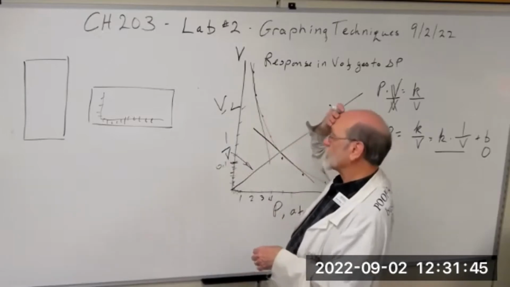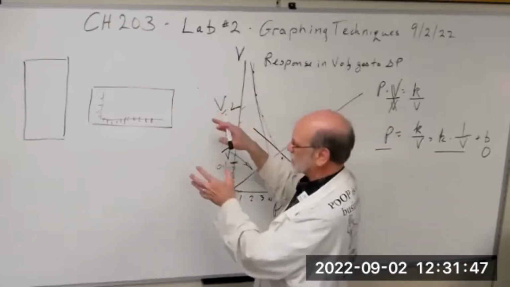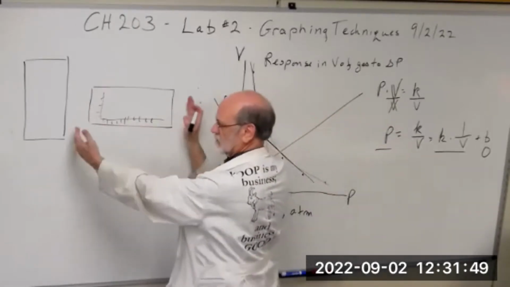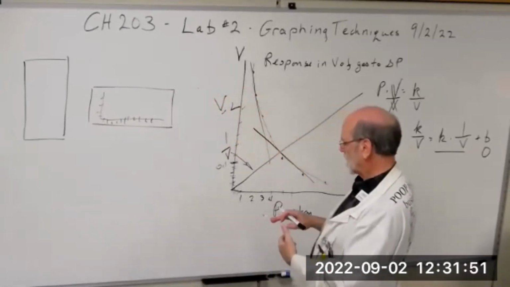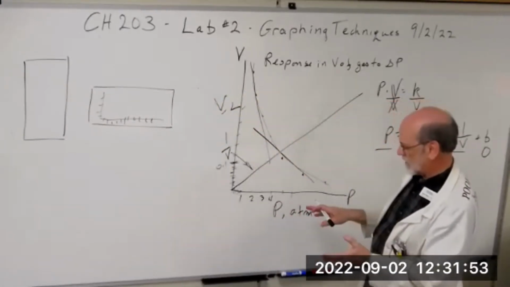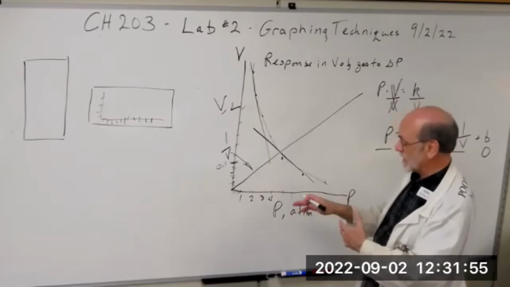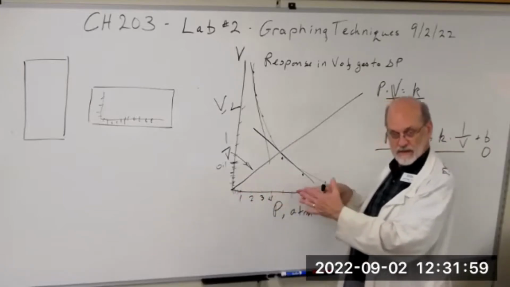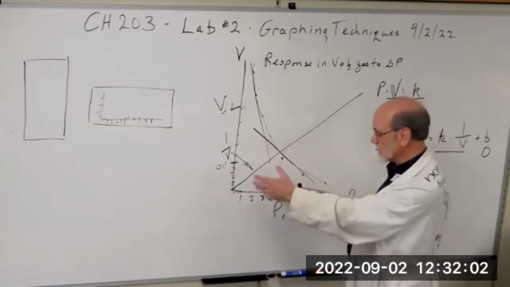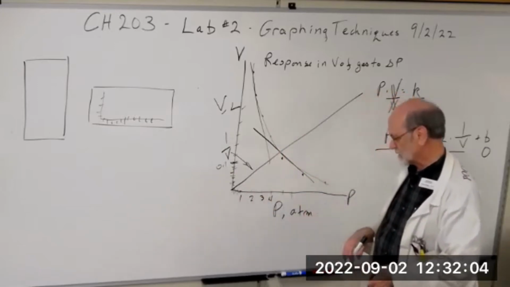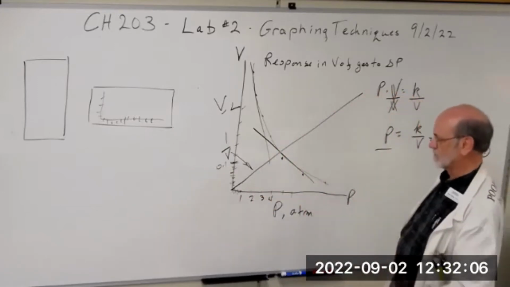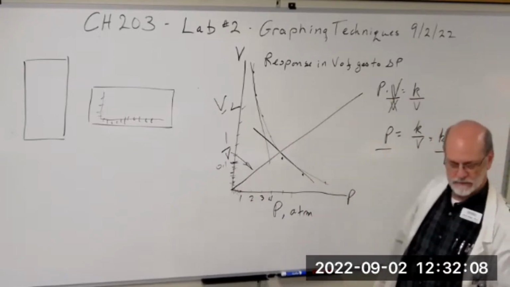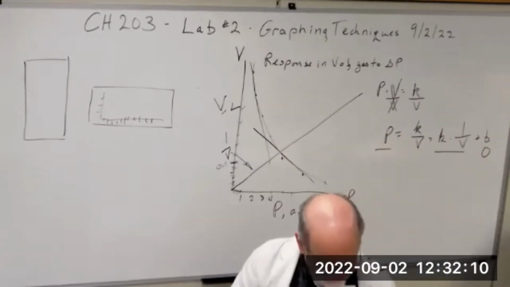Okay. So once you've decided orientation and you're using maximum space, then in that process, I say, how many minor tick marks do I need? And that enters into that decision also. And then you finish labeling.